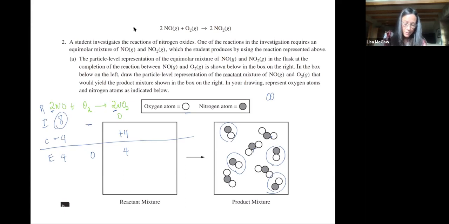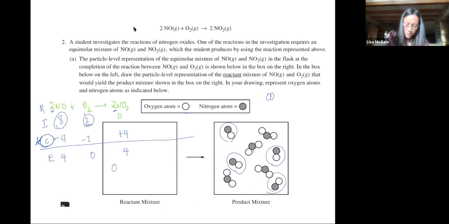So the C row is the row you're looking at, because that goes with your coefficients. If you used 4 NOs, that's twice what you had, right? For every 2 NOs, you're going to use up 1 oxygen. So if you've got 4, you're going to use 2 oxygens. That means you must have started with 2 oxygens. And now I can draw my picture.